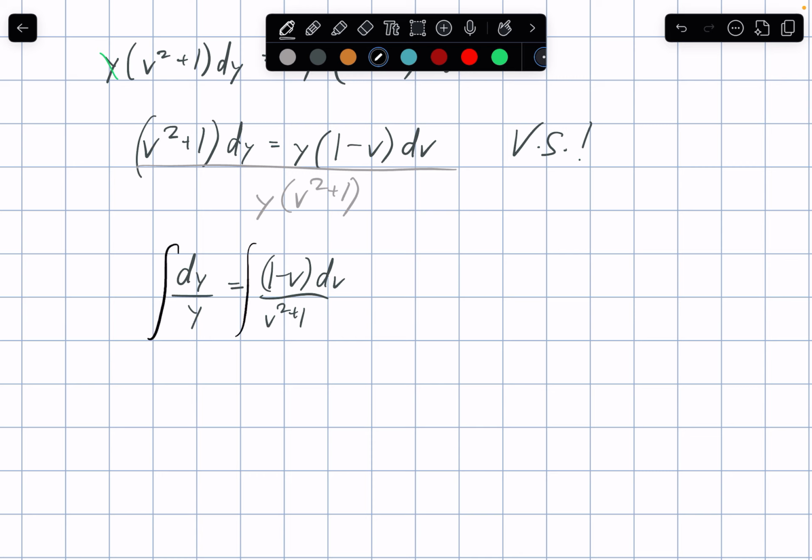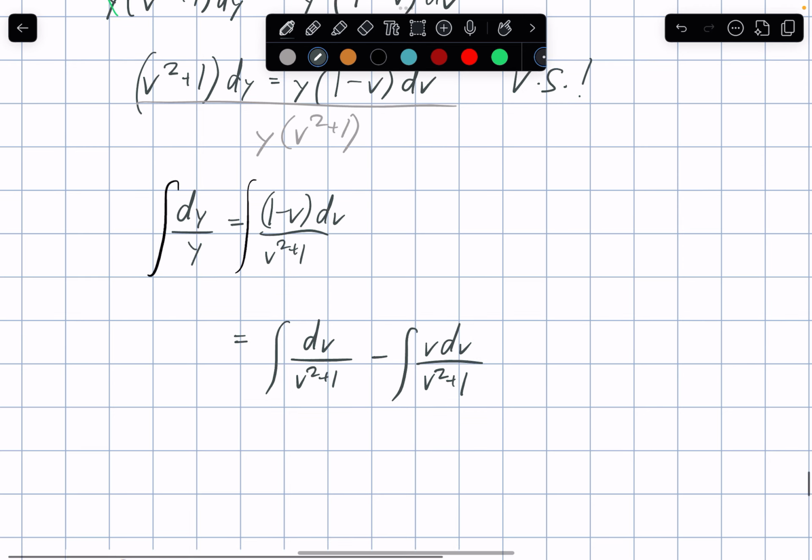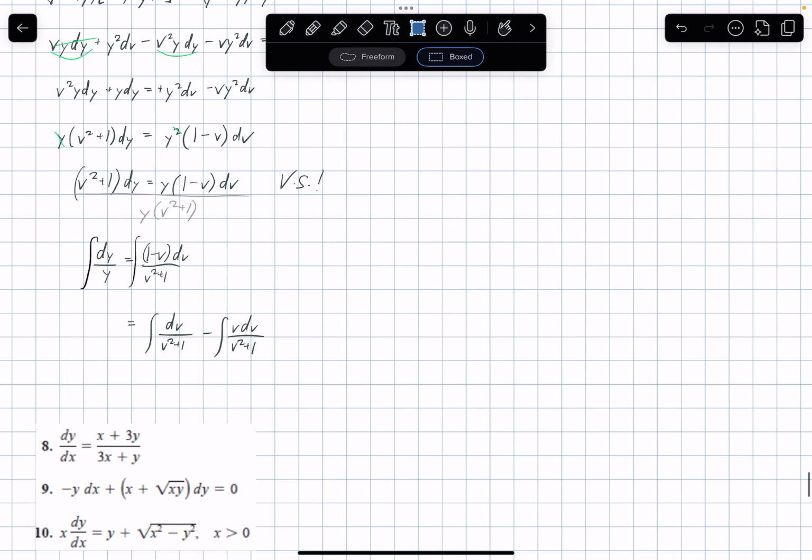Okay, let's start integrating. I want to do the right side first. We can reformat it, split it into two fractions. 1 over v squared plus 1 dv minus v dv over v squared plus 1. Alright. I think we need to do partial fraction decomposition one more time. Ouch.